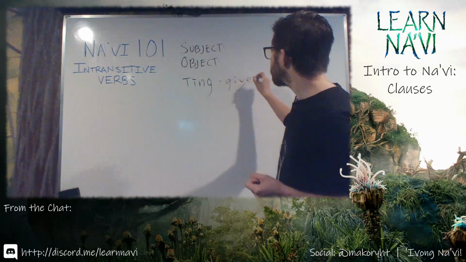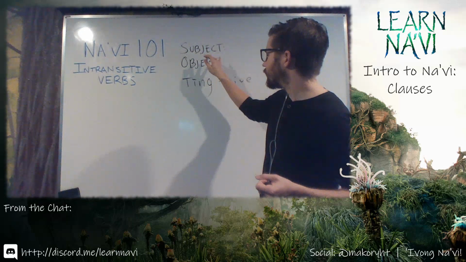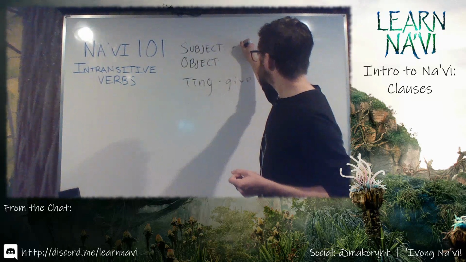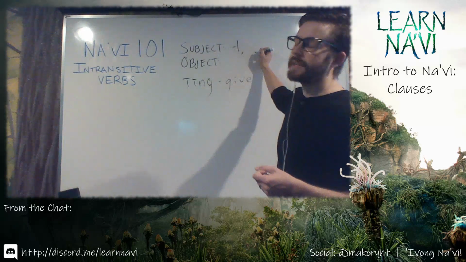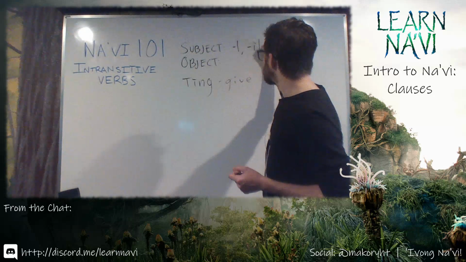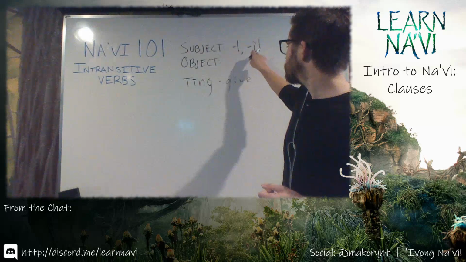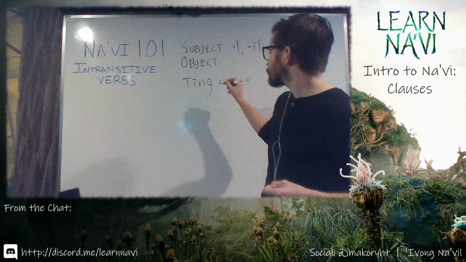So for nouns that end in a vowel, we have a consonant case ending. For nouns that end in a consonant, we have a vowel case ending. Those are L and il, I-L, respectively, for the subject of our verbs.